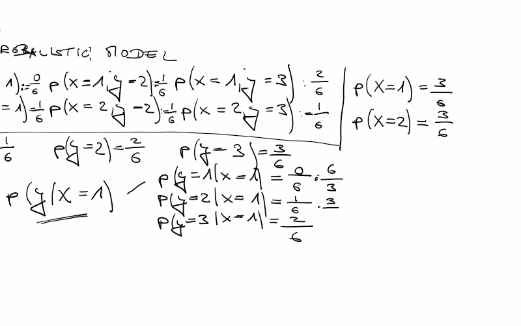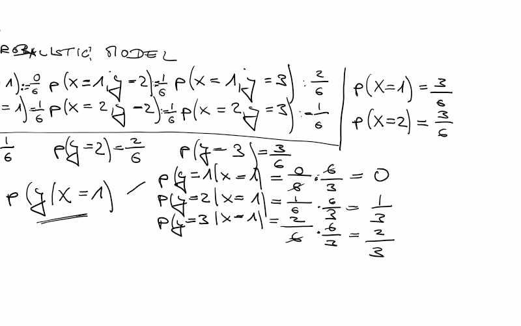So 6/3, and then we get 0, we get 1/3, and we get 2/3. And if we now add these numbers up, 0, 1/3, and 2/3, we get 3/3, so we get 1.